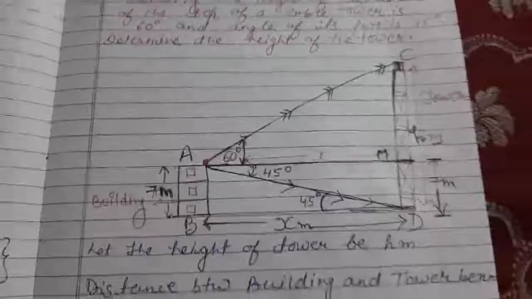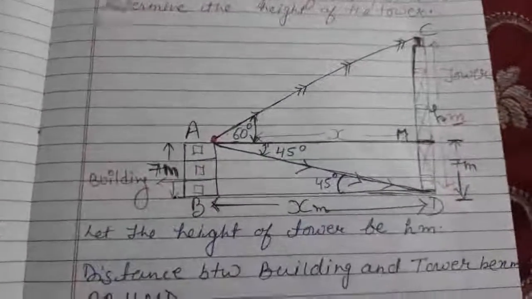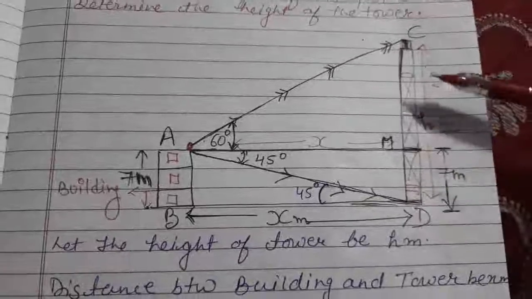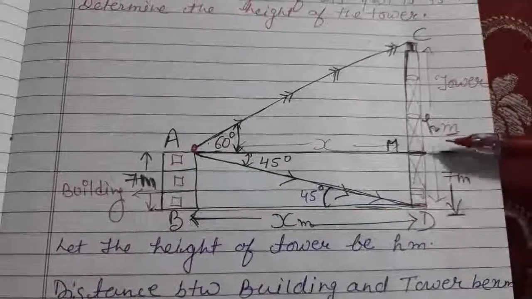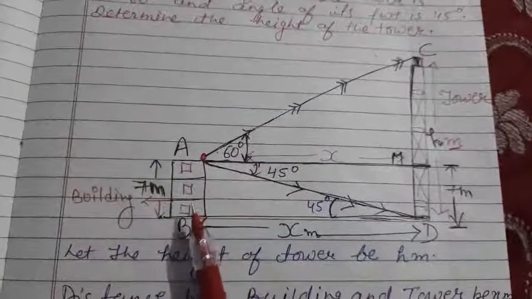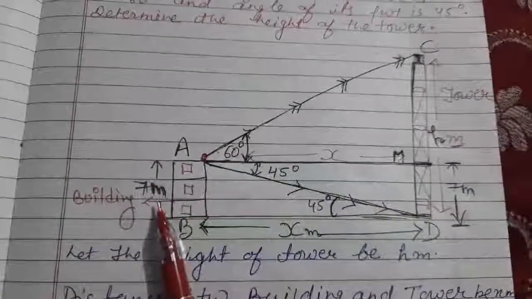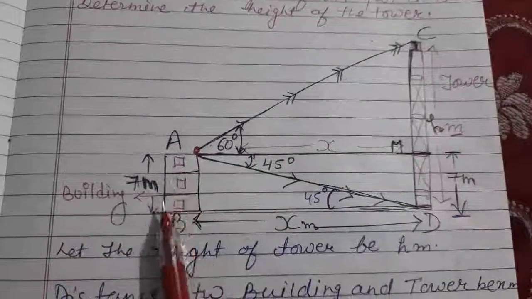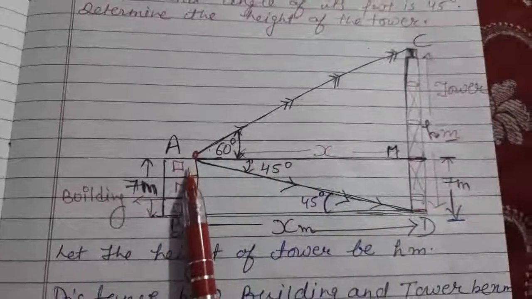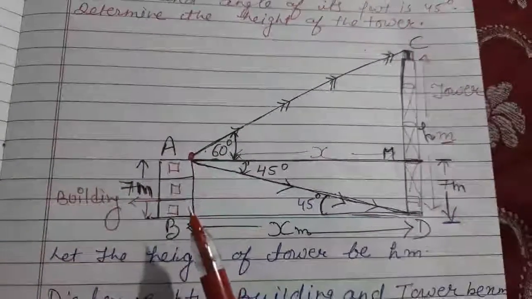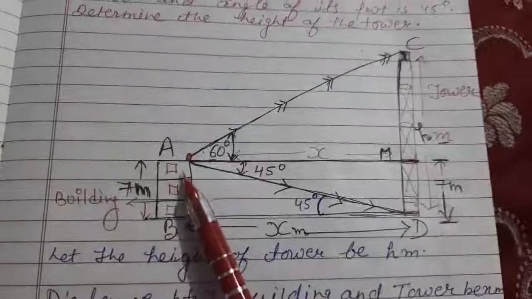Now, according to the statement, I have drawn the diagram. This is a cable tower with the height h meter. Just opposite of it there is a building which is 7 meter high. A person is on the top of the building at point A. The height of the building is 7 meter.